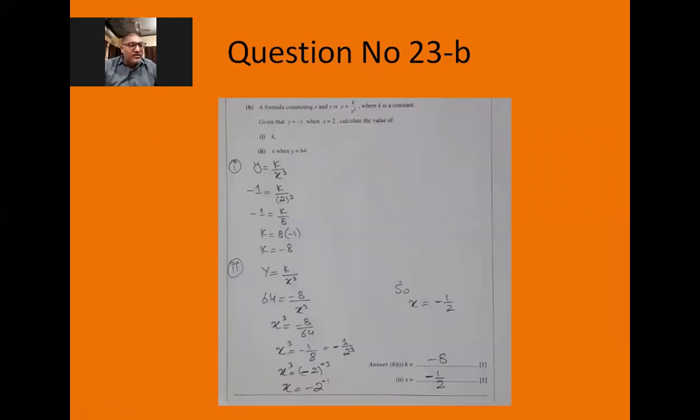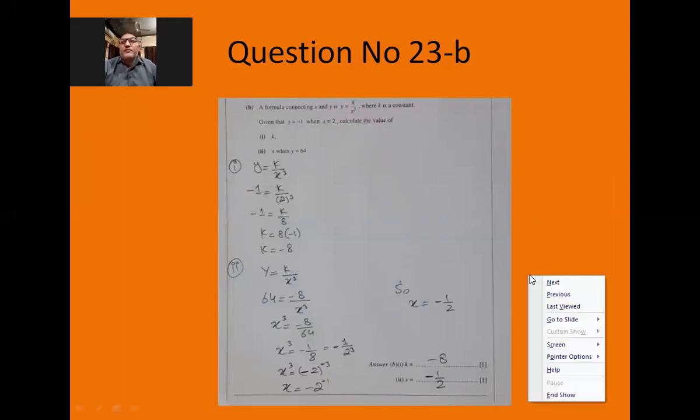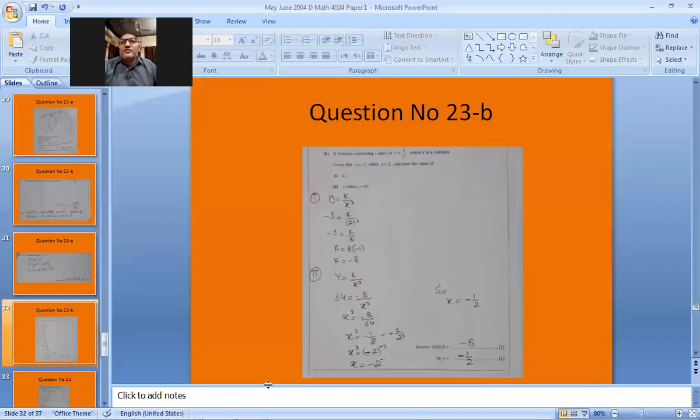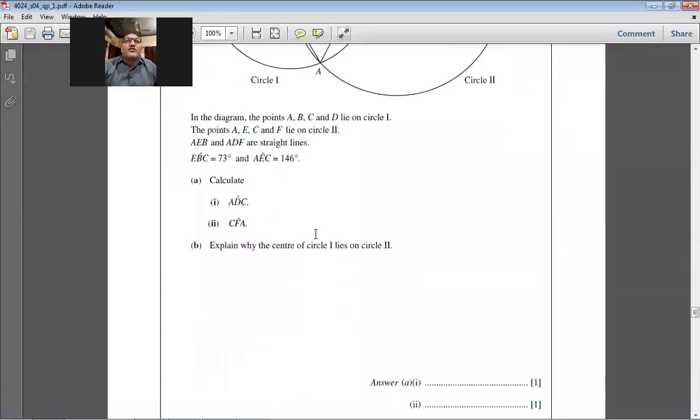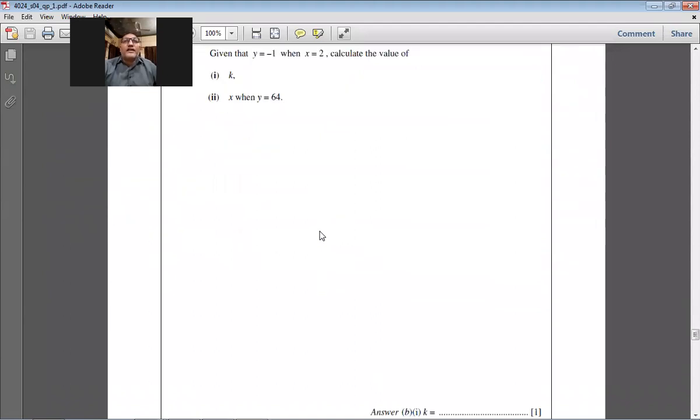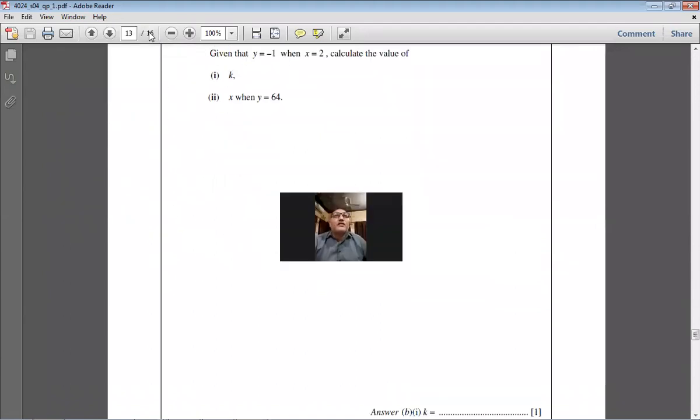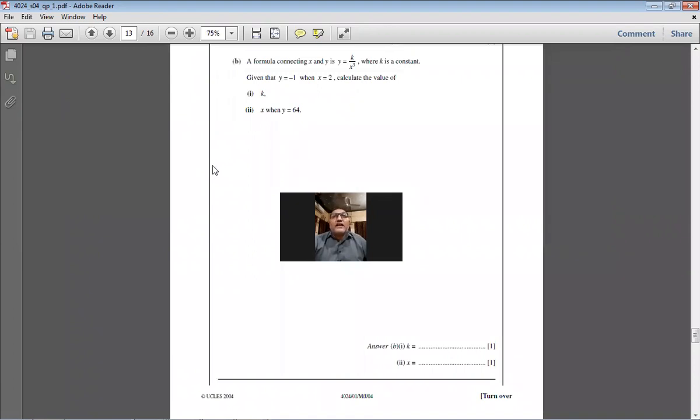Okay, question number 23 and its B part. Let me show you from the paper because this is not that visible from the questions, so you can have a good look at that question. So you know what the question basically is. That is the B part.